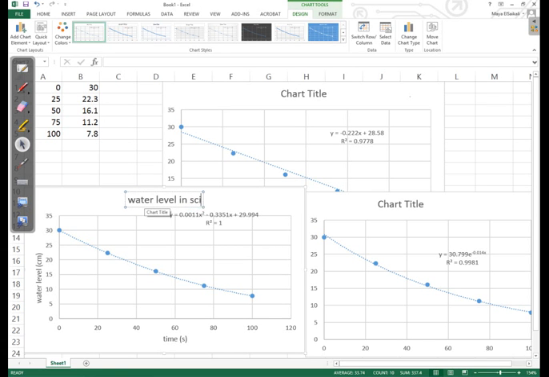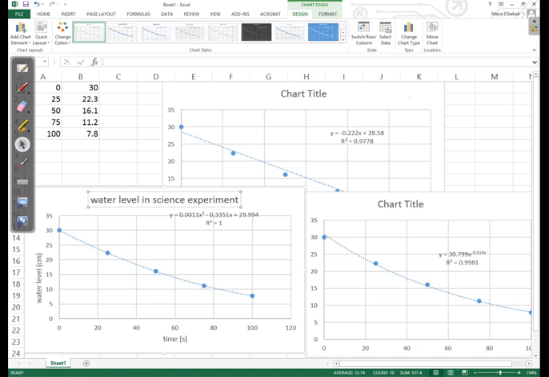The chart title should just be indicative, so when I look at it I understand what it is, but at the same time I can refer to the question and know that it talks about that specific question. That has to be done for all three charts: you have to include the axis titles and the chart title. Are you guys okay with this?